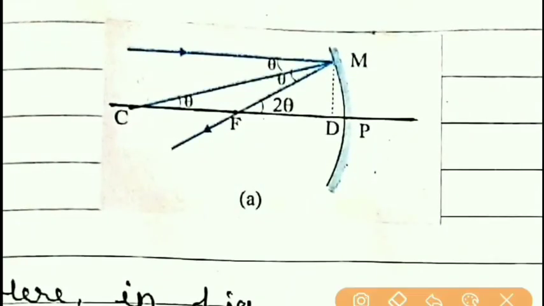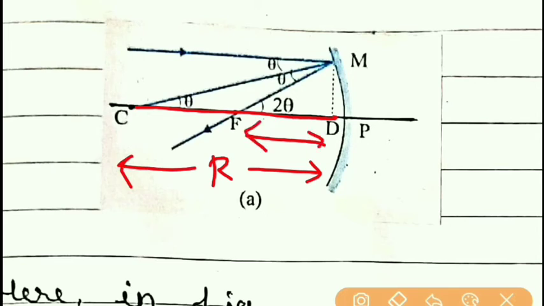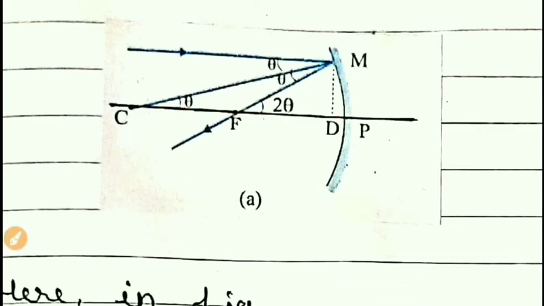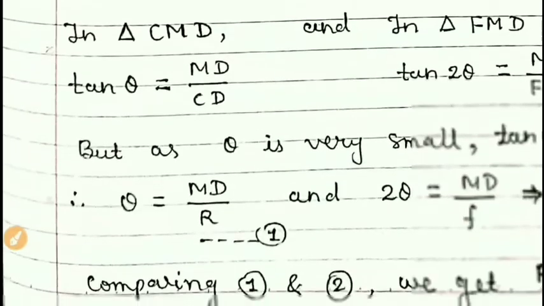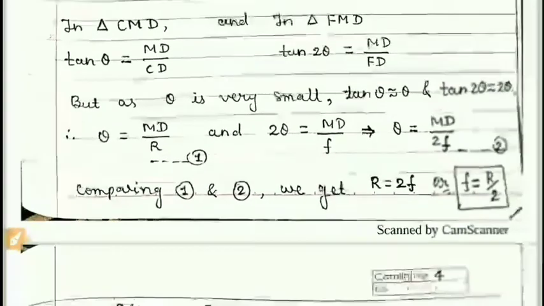Let us see the figure. Here, this distance from D to C is the radius of curvature, and distance from D to F is nothing but the focal length small f. So we have used R and f.